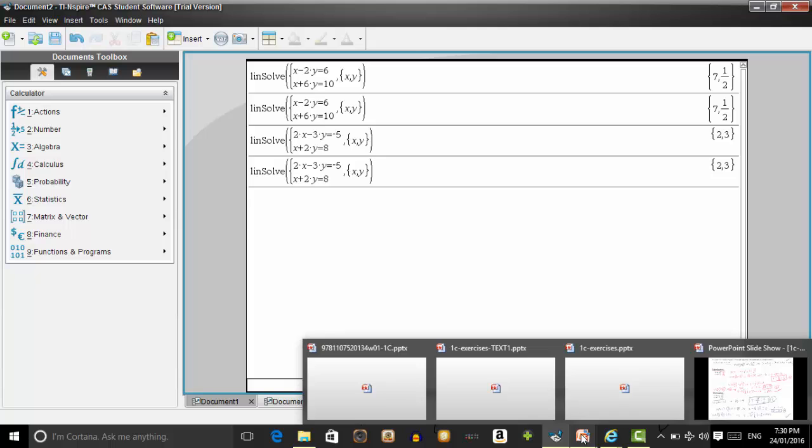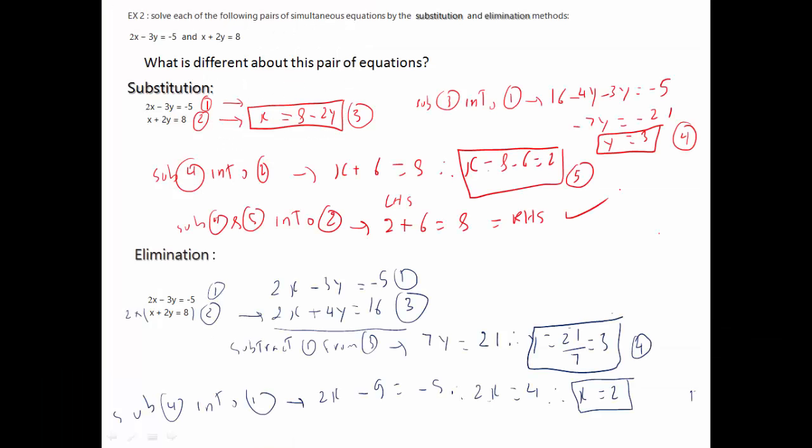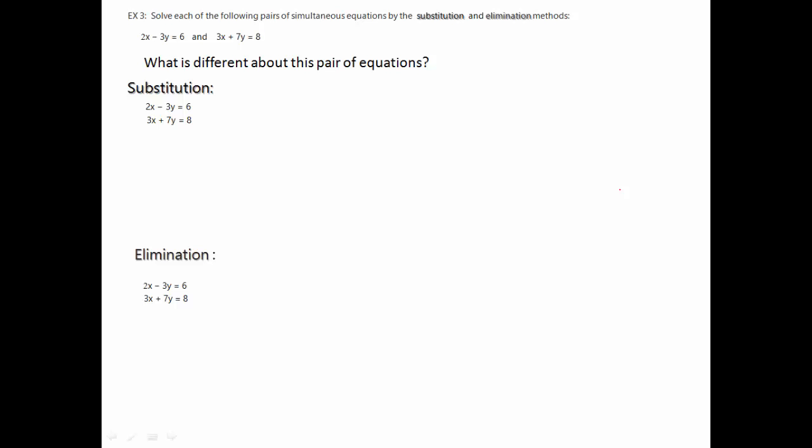Okay, so now we'll go to a third example, and that one I will not solve for you. This is for you to solve. Now, what is different about this pair of equations compared to what we've seen so far? Look at it. If you look at the x's, one has 2x and one has 3x.